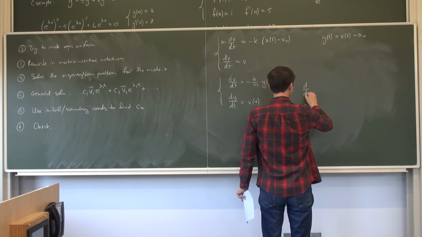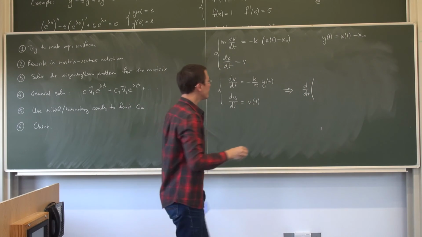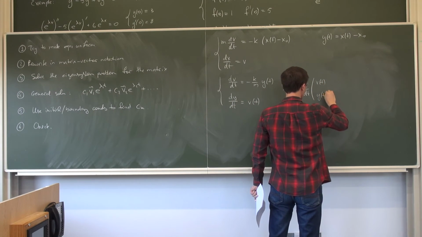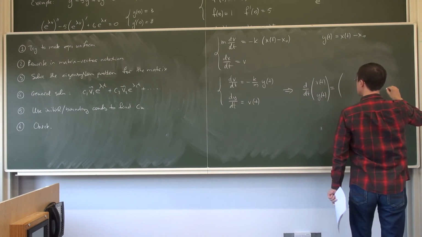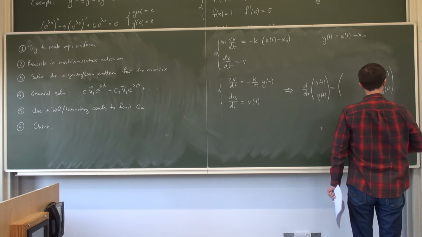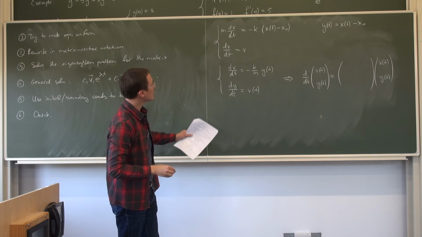d/dt of the vector (v(t), y(t)) is some matrix times (v(t), y(t)). Good. Now, what matrix is that?